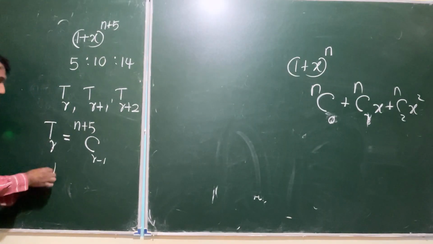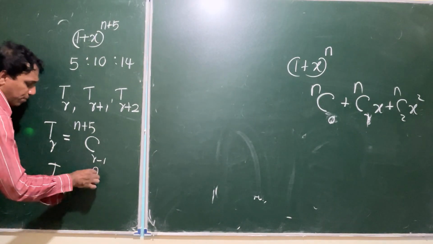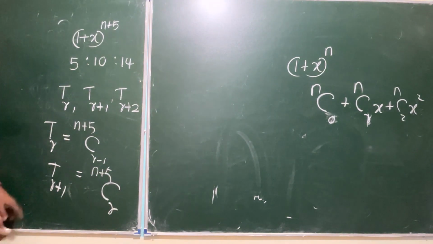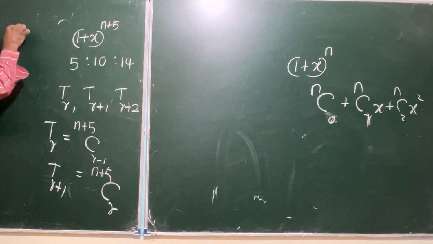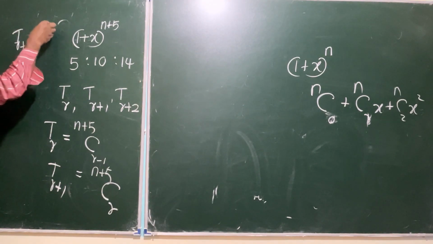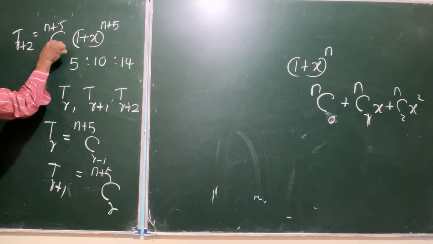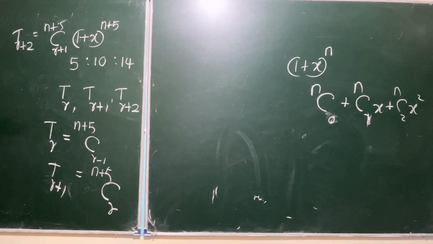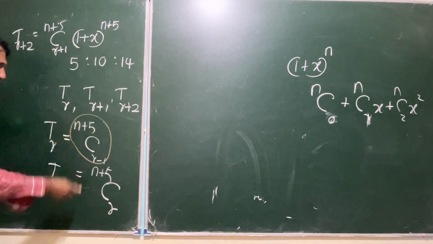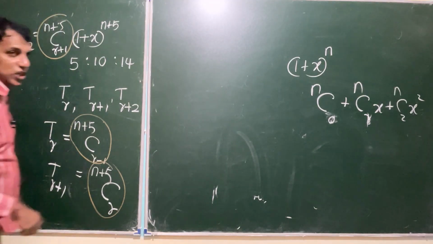What is the (r plus 1)th term's coefficient? n plus 5 C r. Similarly, the (r plus 2)th term's coefficient is n plus 5 C (r plus 1). These are the coefficients: the first, the next, and the other part.